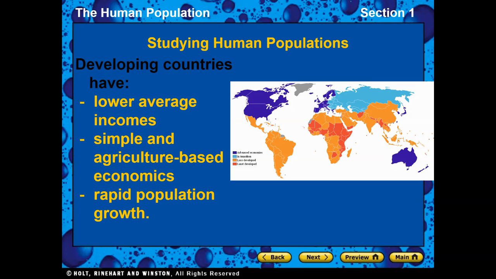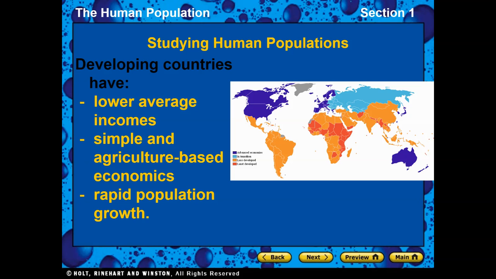Developing countries, on average, are the orange and red, the lower developed countries. As you see here in Europe and parts of Russia, you've got a transition happening. They were orange and they're starting to transition into this blue-purple color. On average, they have lower incomes.